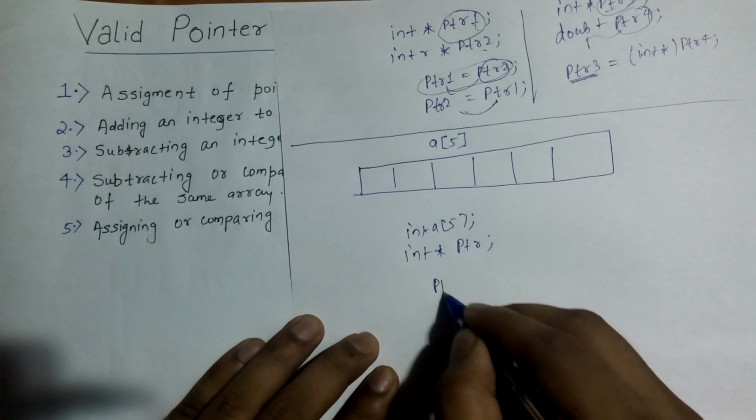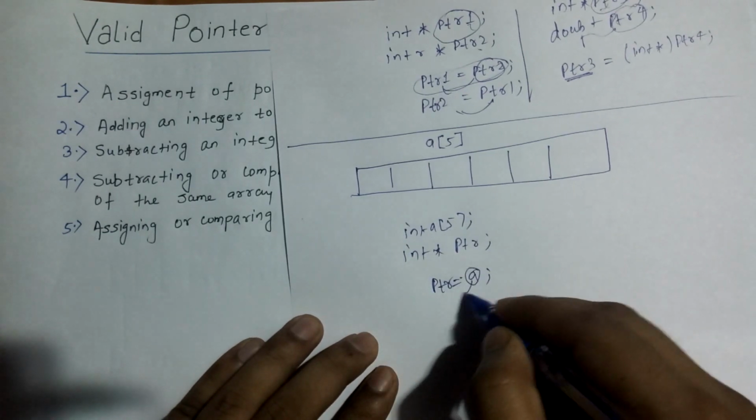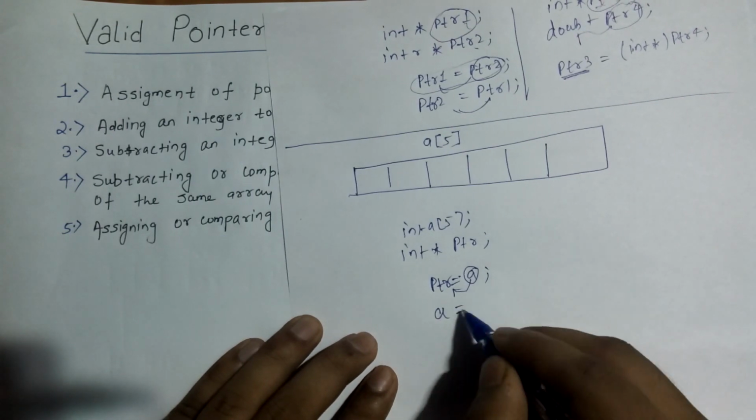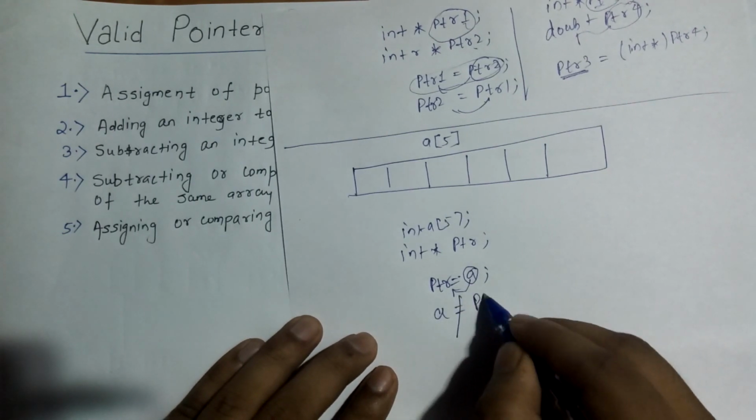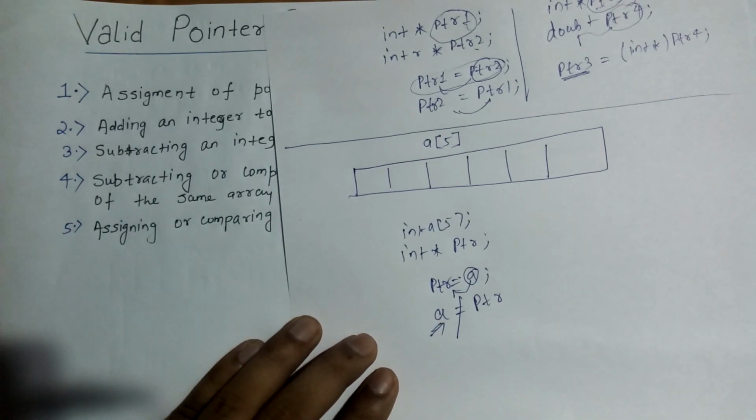Then you can do ptr is equal to a, that is, assign the address of the array to the pointer, but you can't do a is equal to ptr, because a is just a mnemonic. I have discussed this in the previous lecture as well.